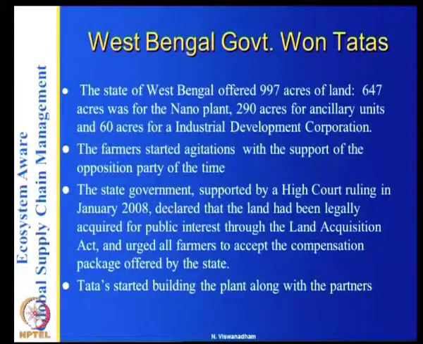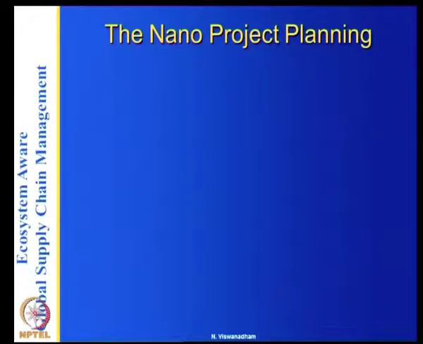So, they were given approximately 1,000 acres of land, taken away from the farmers. And since it is all legal, and the High Court also ruled in favor of the Tatas and this particular project, Tata started building the plant.